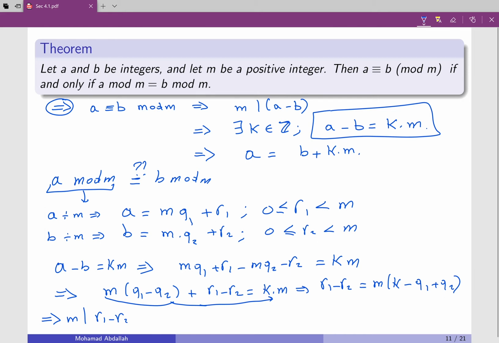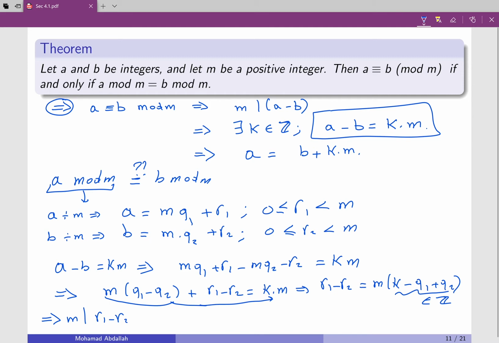Because I'm saying here that R1 minus R2 is equal to M times some integer Z. So by the definition of divisibility, this means that M divides R1 minus R2. Okay, but here I have a problem.